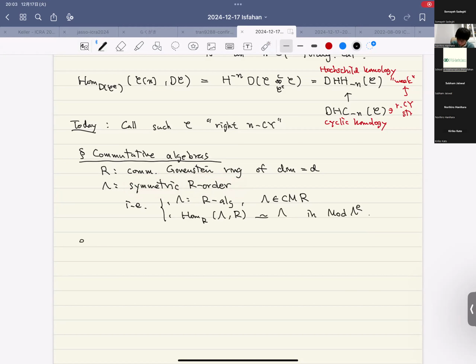For example, we can take Lambda to be simply R, which is one of the important examples. And if we take R to be just a base field, then Lambda is a finite dimensional symmetric algebra.